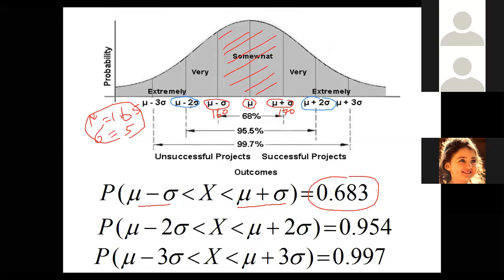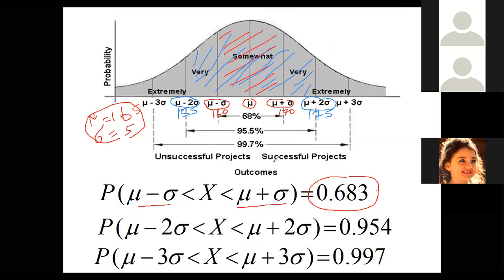In our example, mu minus 2 sigma is 155, and mu plus 2 sigma is 175. That area covers the whole area which I am painting with the blue color.